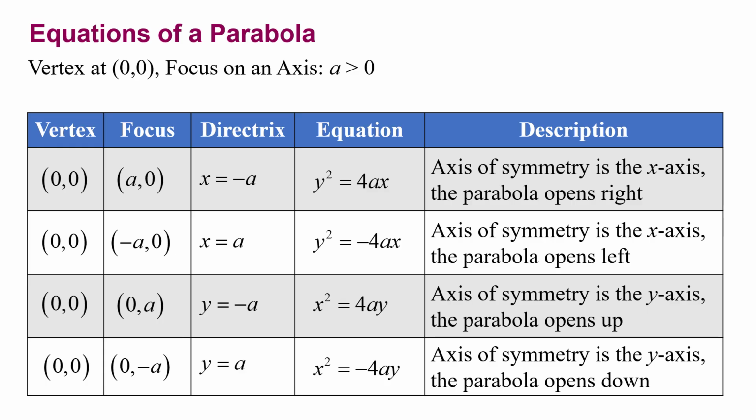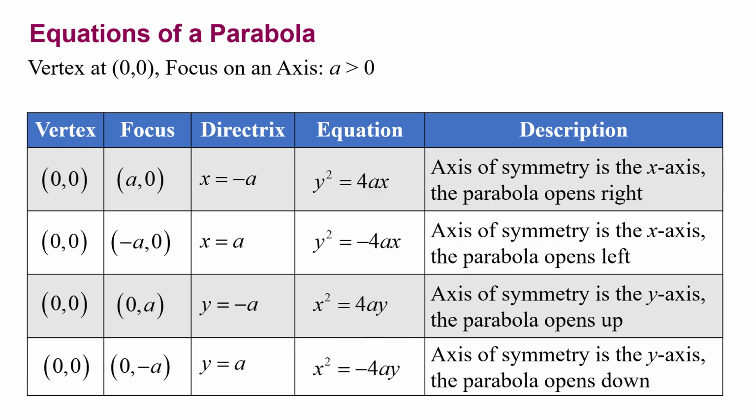Now keep in mind, all of these parabolas have a vertex at the origin. So the first equation is the equation we've already considered, which is y squared equals 4ax. The focus was on the positive x-axis at the point (a, 0), and the directrix was the vertical line x equals negative a. The axis of symmetry is the x-axis and the parabola opens to the right.